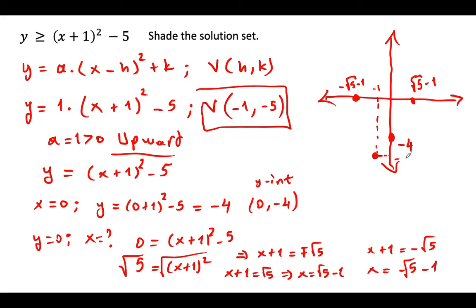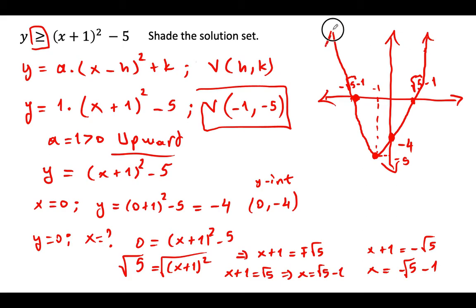And this is greater than or equal to, so that means a solid line. When I join these points, okay, this is not a scaled drawing, for that reason I cannot draw well, but not bad.